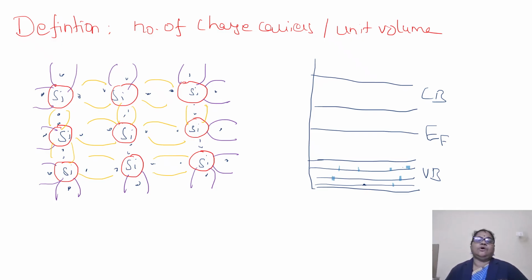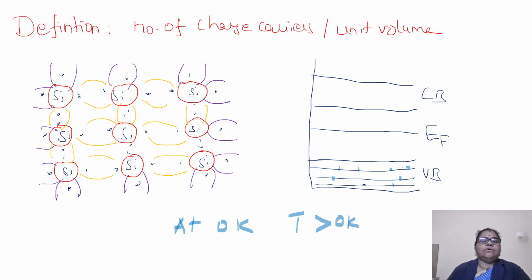At 0 Kelvin, we can't create any free electrons. When we increase the temperature above 0 Kelvin, there will be a breaking of covalent bonds.